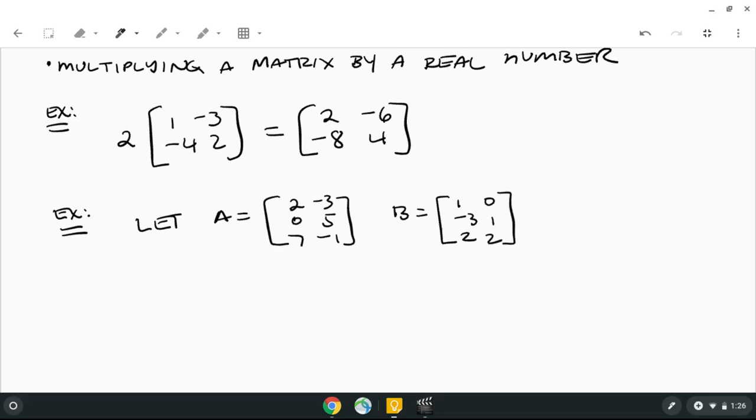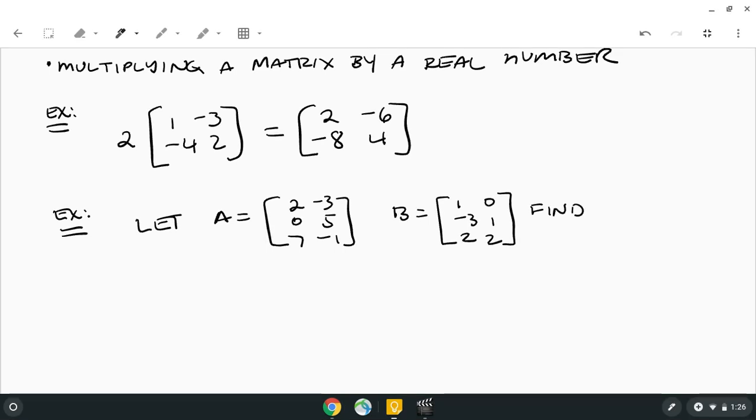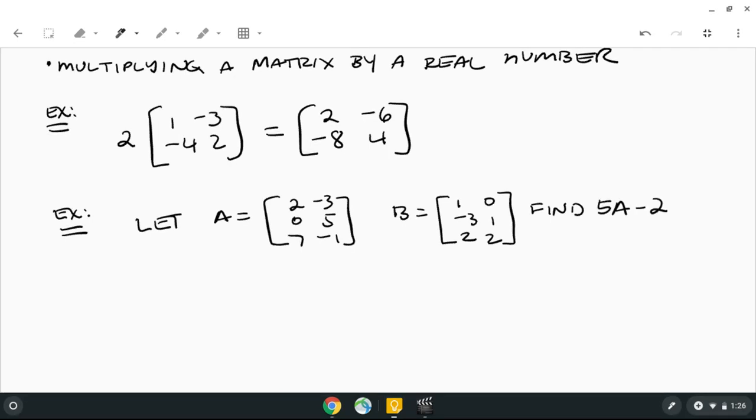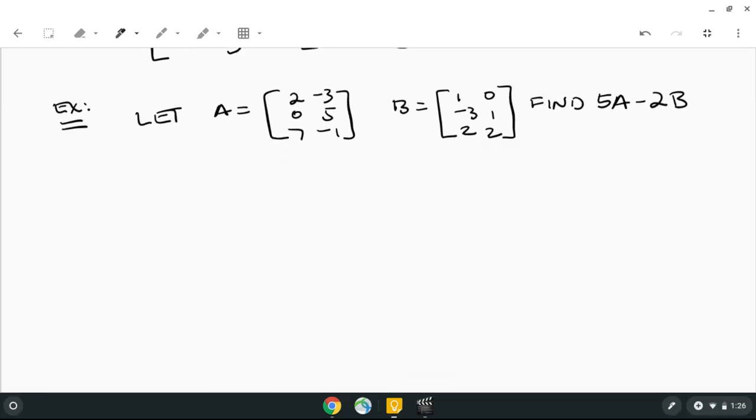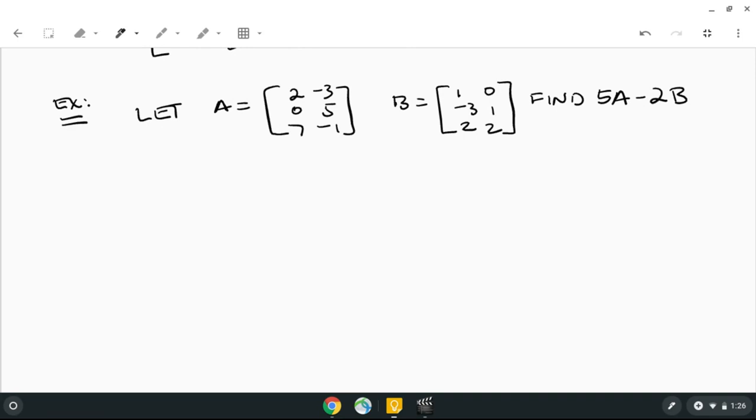Suppose you have to find 5 times A minus 2 times B. That's a little more interesting than the above example. So let's go ahead and do that. 5 times A minus 2 times B.